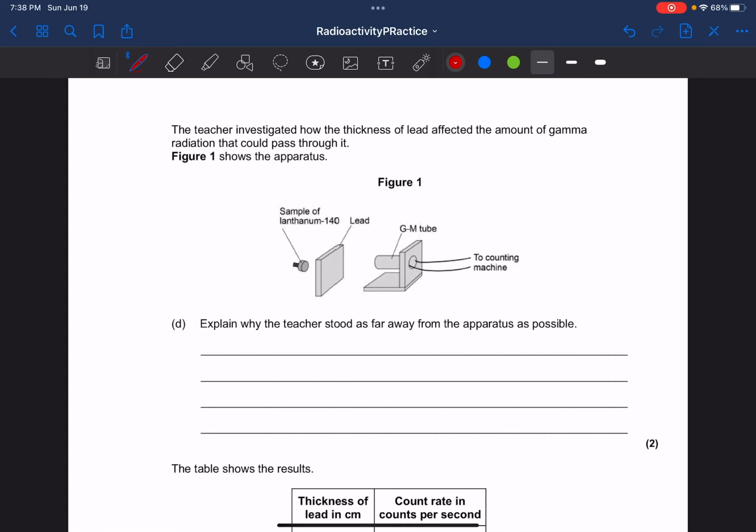So why did the teacher stand as far away as possible? So this is just about safety now. Here, a teacher is doing a demonstration of how it can pass through some lead, which gamma rays can. So why does the teacher stand as far away as possible?